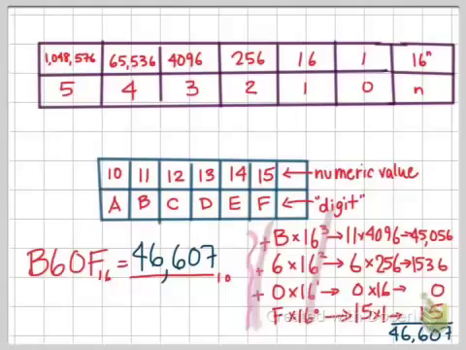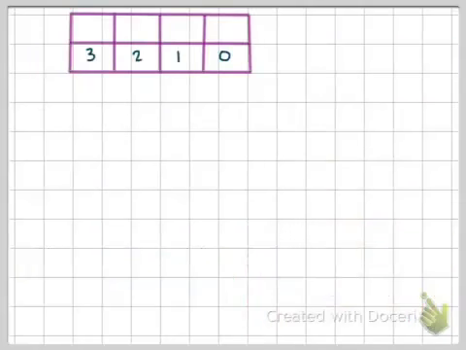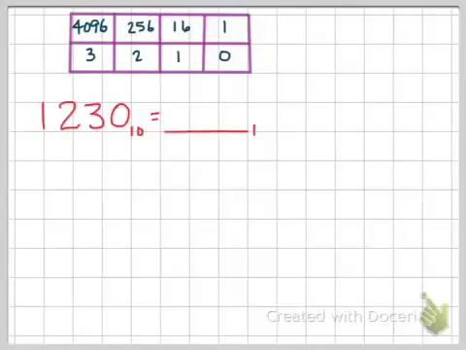We're going to remember not to forget any powers of 16, and we're going to subtract. I'm just going to draw part of the table because I'm not going to have that big of an example. So this is just a partial table of the same one as I had before, the powers of 16. And let's do 1,230 base 10 and find its appropriate value for base 16.